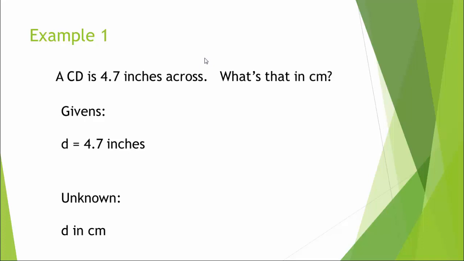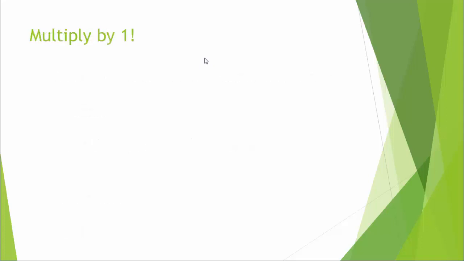So we're given D is equal to 4.7 inches. We can look up in a table 1 inch is equal to 2.54 centimeters. Now all we have to do is multiply by 1.